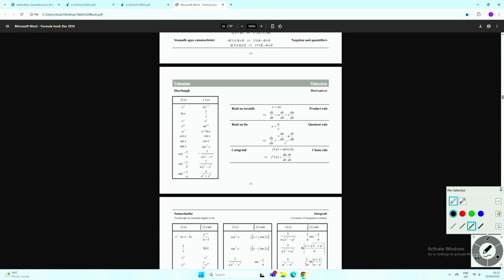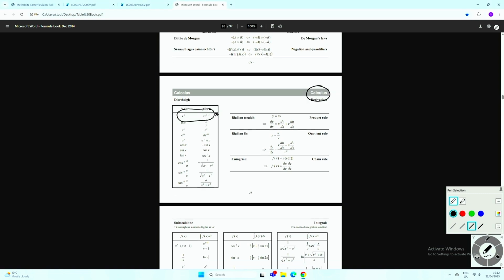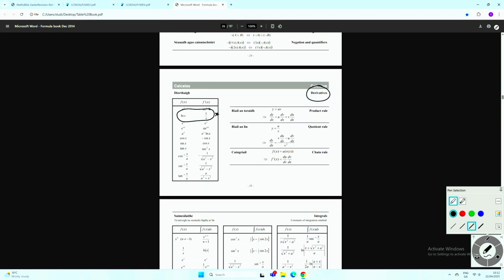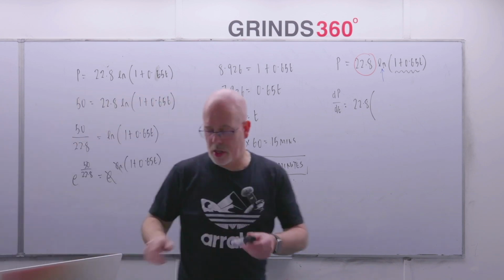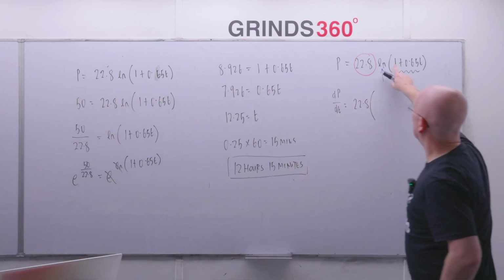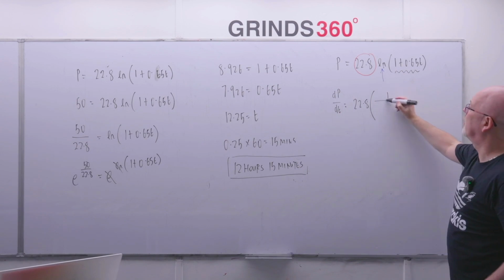You can see natural log becomes 1 over. Because it's a derivative we're finding, it's on page 25, and it tells you natural log turns into 1 over. That's all we need there. So the natural log of this becomes 1 over that.